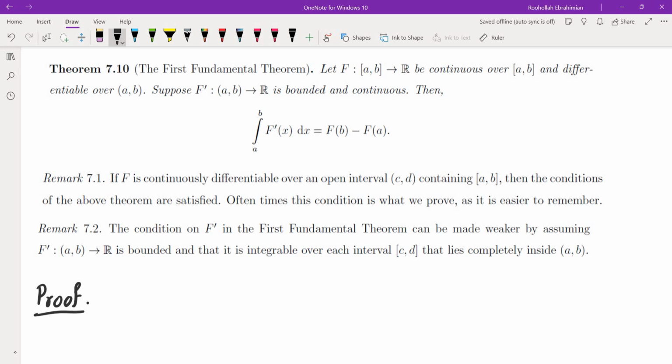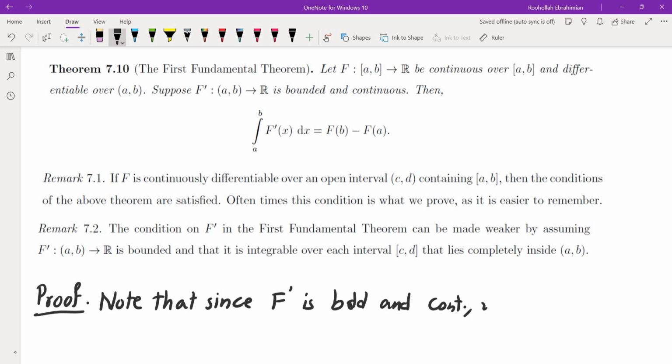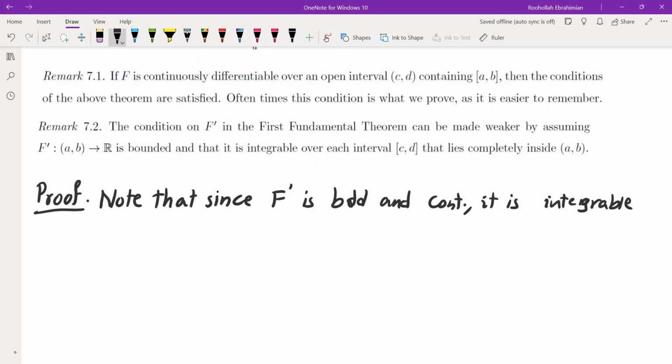What we want to do is to show that f prime is integrable. We know f prime is integrable because f prime is continuous and bounded. So let's note that since f prime is bounded and continuous, it is integrable over the interval a to b.